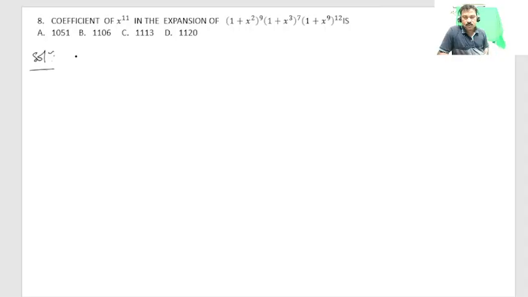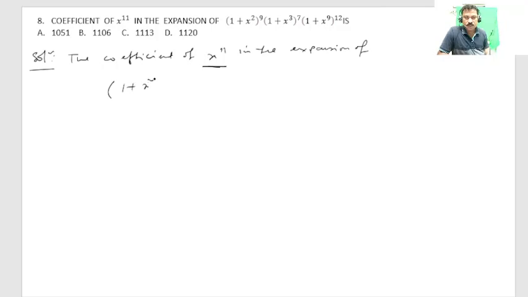The coefficient of x to the power 11 in the expansion of this, that is (1 plus x square) whole to the power 4, (1 plus x cube) whole to the power 7, (1 plus x to the power 4) whole to the power 12.